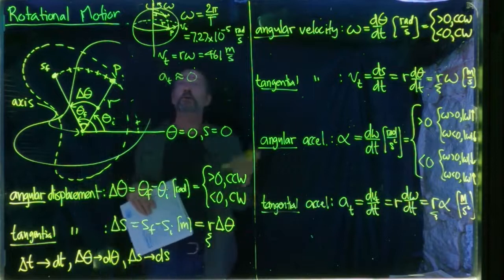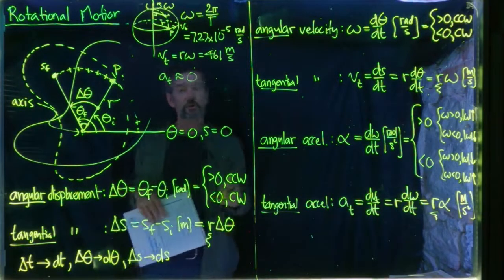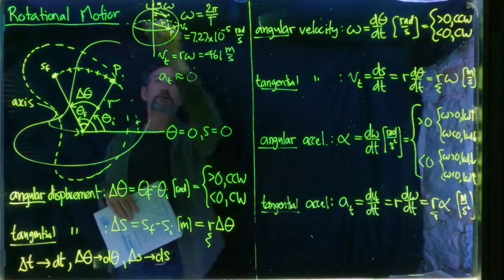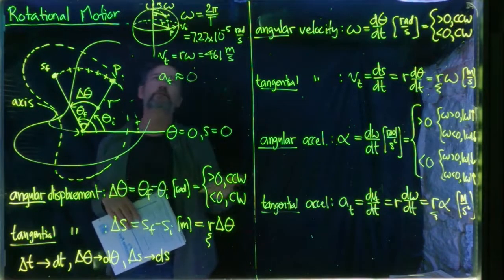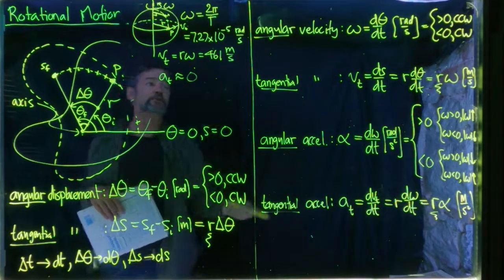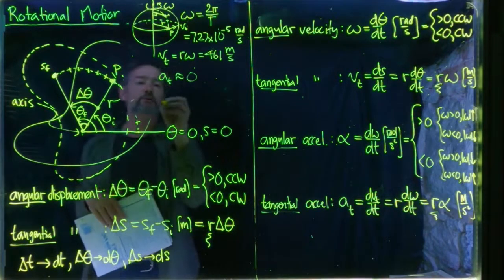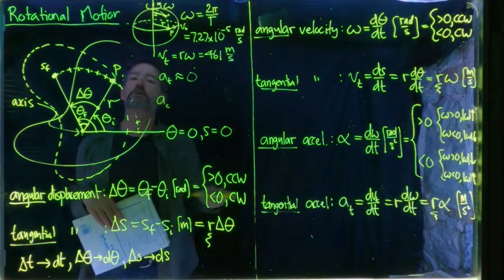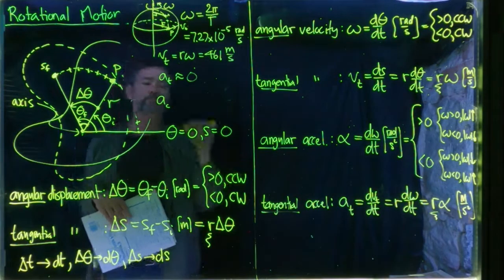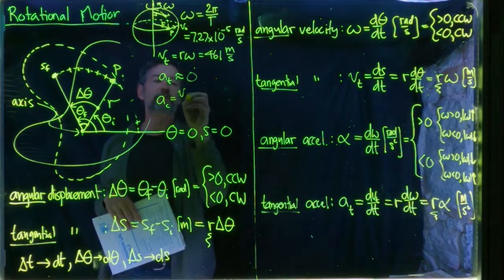But now you'll notice that we are actually dealing with circular motion here. We have a person moving around in a circle of radius r equal to the radius of the Earth, with a tangential speed of 461 meters per second. So we could ask the question, what is the centripetal acceleration? The acceleration towards the center of the circle. Centripetal acceleration is v squared divided by r.